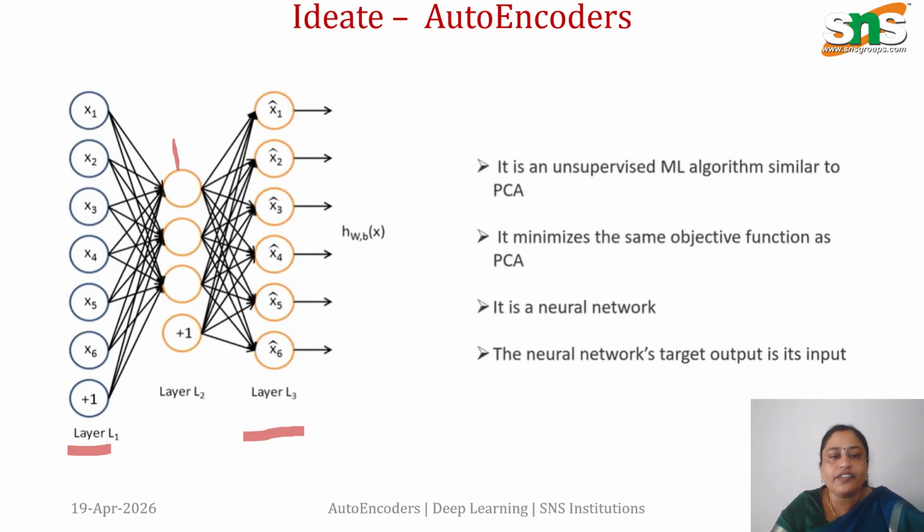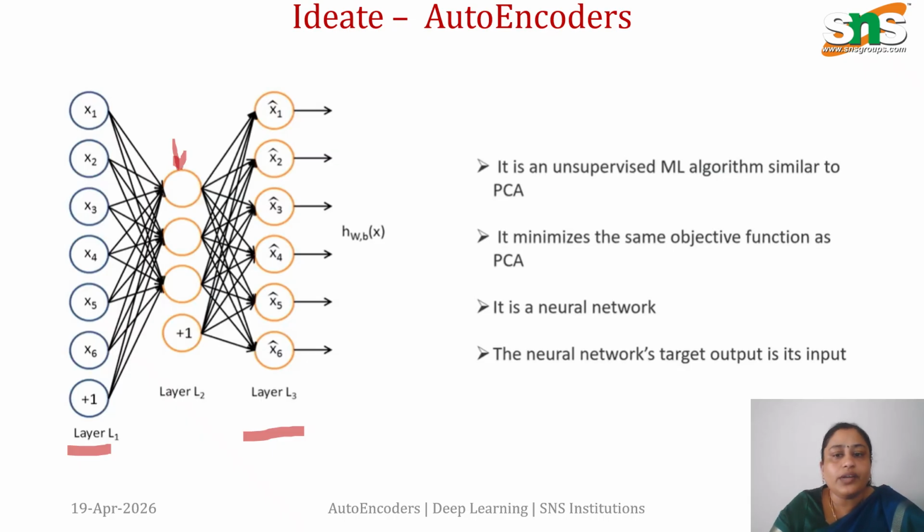Only the important features will be in your compressed information, or your latent space representation, which you can also call the bottleneck layer. From this compressed data representation, your decoder tries to reconstruct the original data. Here you will have a reconstruction loss.